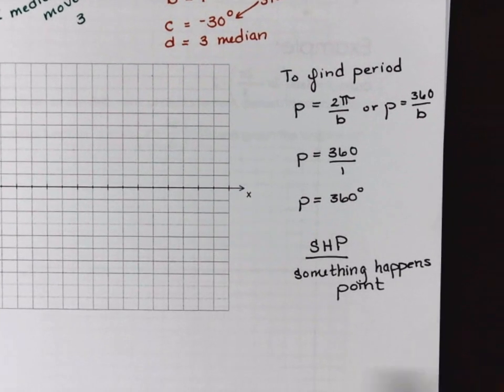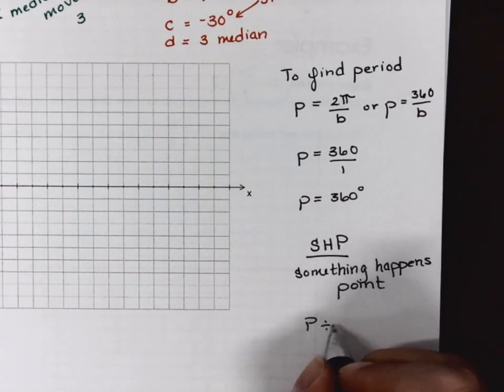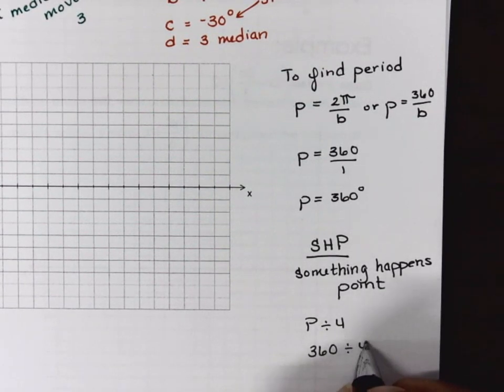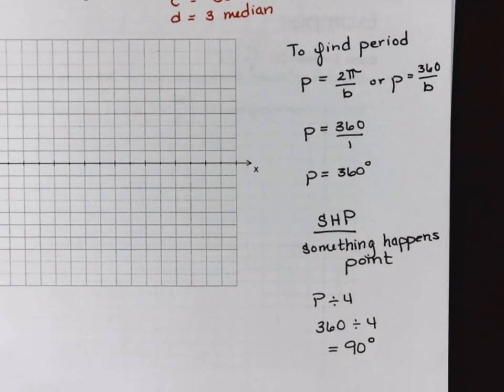So in order to find the something happening point, we're going to take the period and divide it by 4. So 360 divided by 4, hopefully, is 90 degrees. That helps me graph. I know that there are 4 parts to a period to return to where you are.